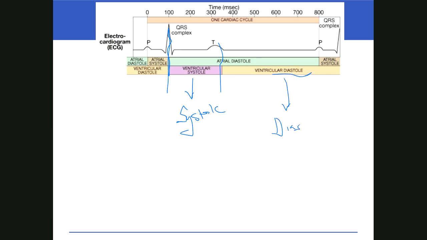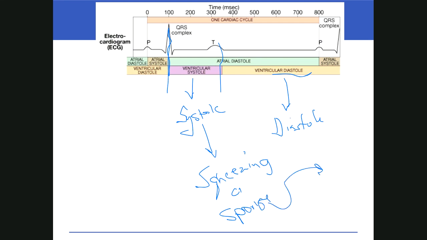Well, remember, a good way to think about contraction is to think about squeezing. And in fact, think about squeezing a sponge. So you've got a sponge and it's got water in it. So I'm going to squeeze the sponge, and that's going to make the water come out because I'm going to increase the pressure and the water is going to be squeezed out.